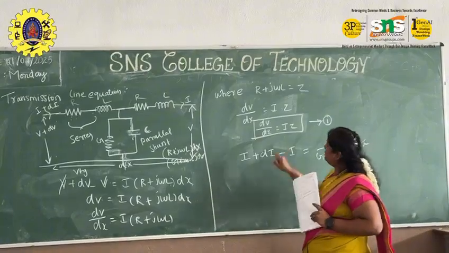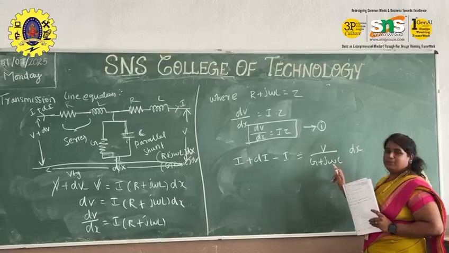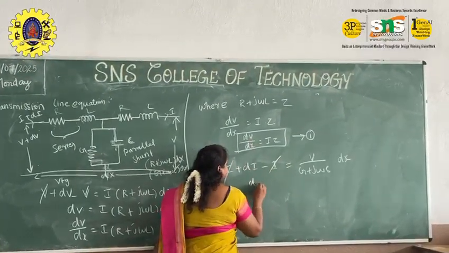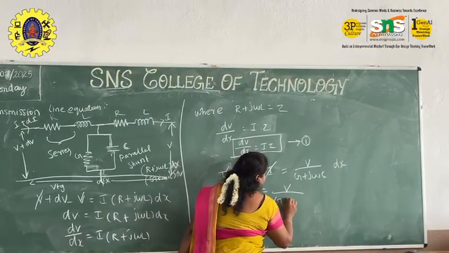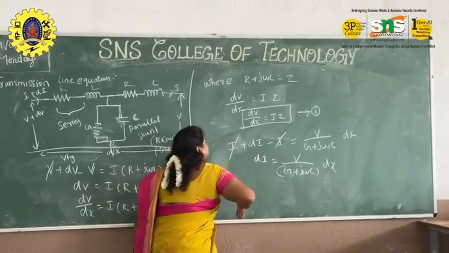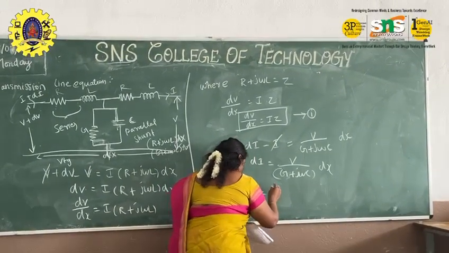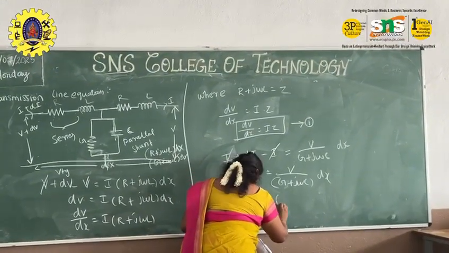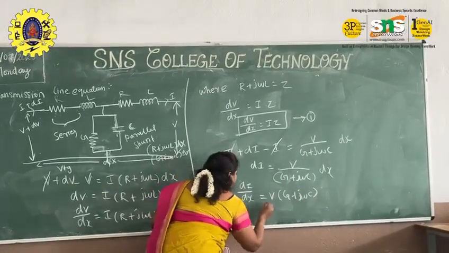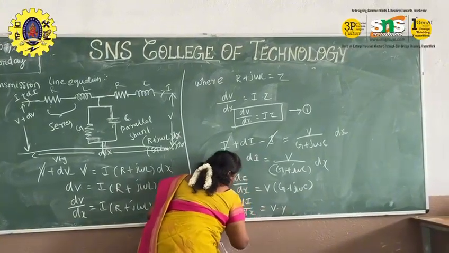The I cancels as before, and dI is equal to V into G plus j omega C into dx. Taking dx across, dI by dx is equal to V into G plus j omega C, which is V into Y. So this is the second equation.